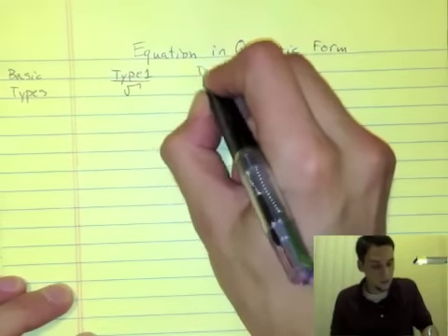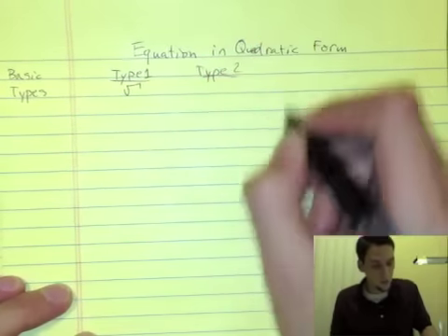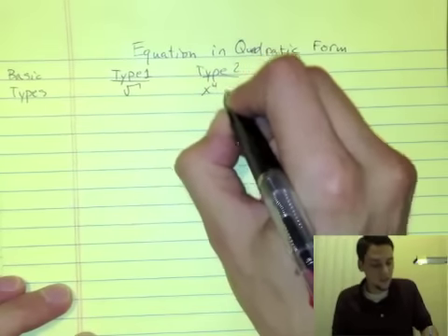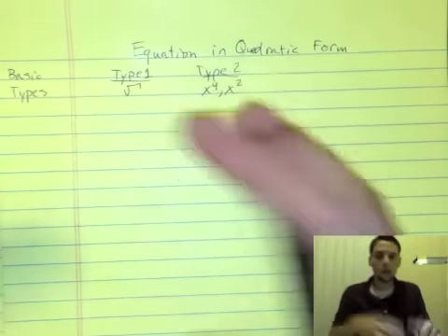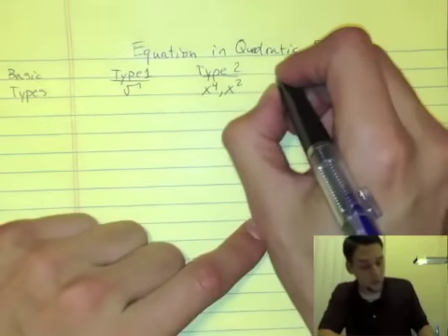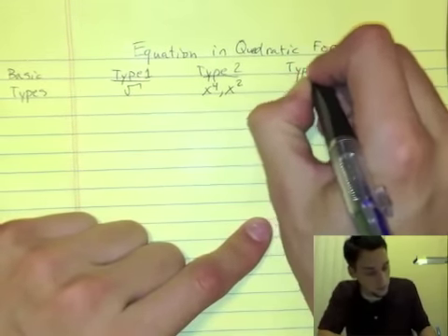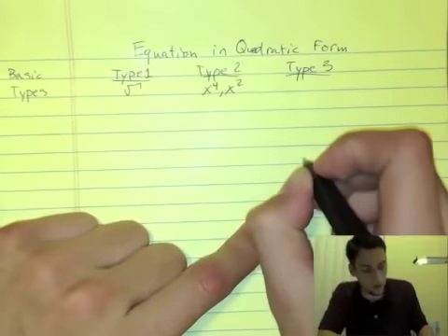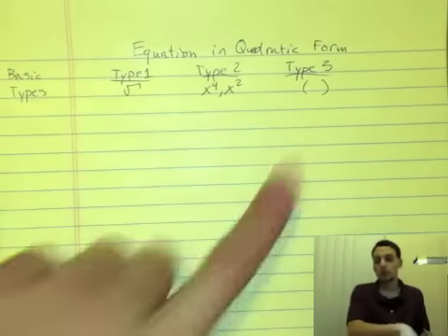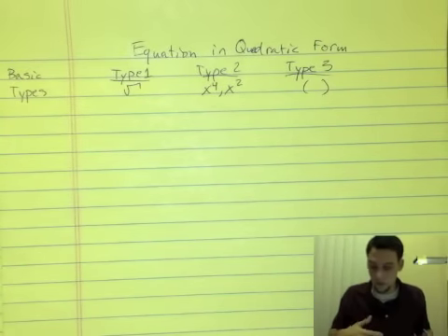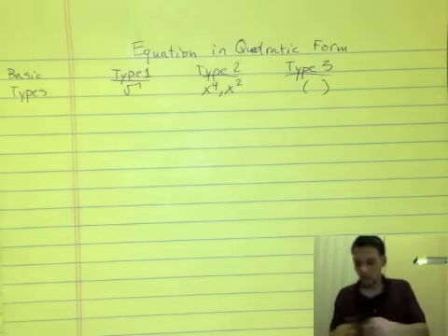Type 2 will involve an x to the fourth and an x squared, or a variable to the fourth or a variable squared. And type 3 will involve some expression in parentheses.